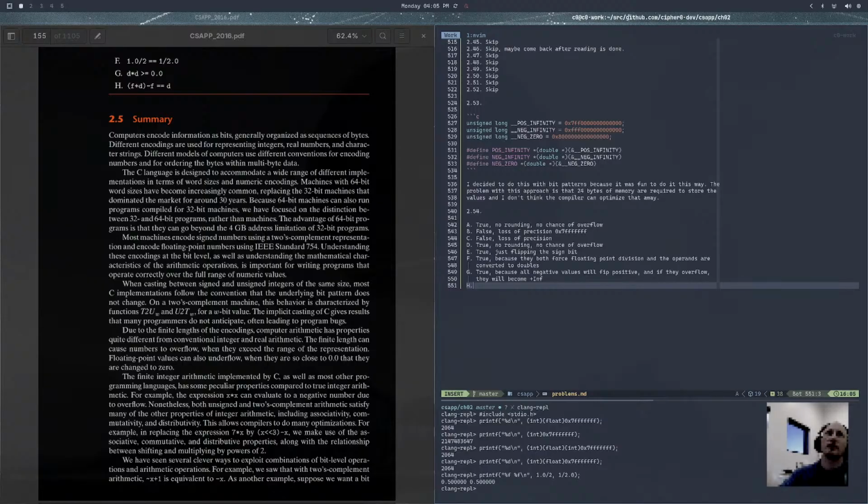H is f plus d, so a float plus a double, and then minus the double. No, because technically the double could be at the boundary where it's about to overflow, and then adding the float actually takes it to overflow territory. So I'm going to say no. False.